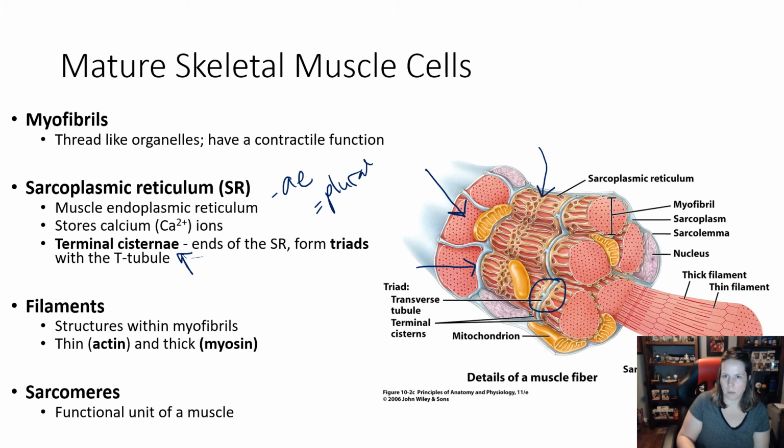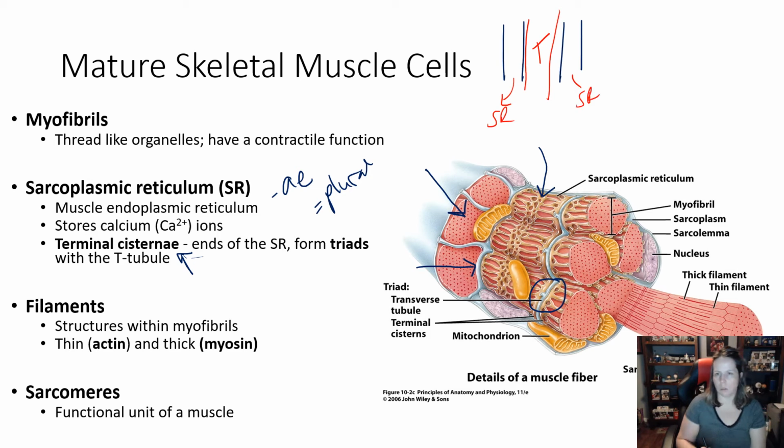So we would have something like this: here's our two terminal cisternae, and then in the middle is the T tubule. So there's the T tubule, here's the parts of the SR, our sarcoplasmic reticulum. And you'll hear me say this a lot, but as the electrical signal comes down the T tubule, it's going to tell the sarcoplasmic reticulum to open up and release calcium, which will be important momentarily.